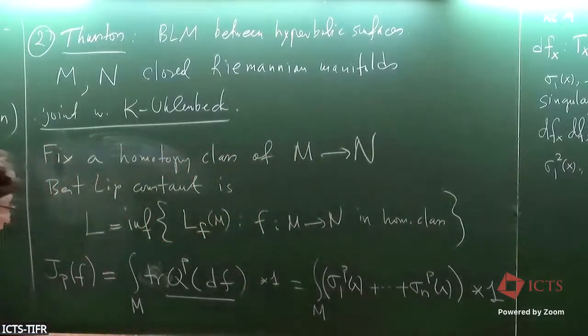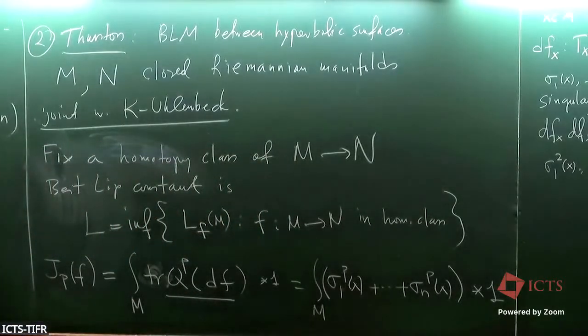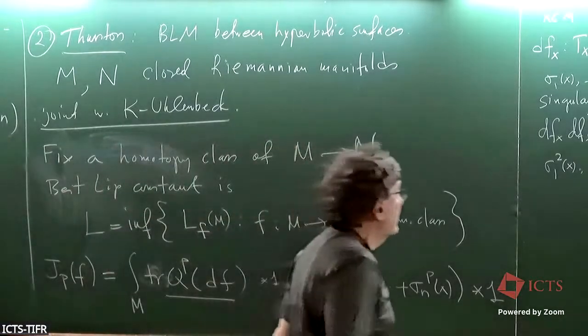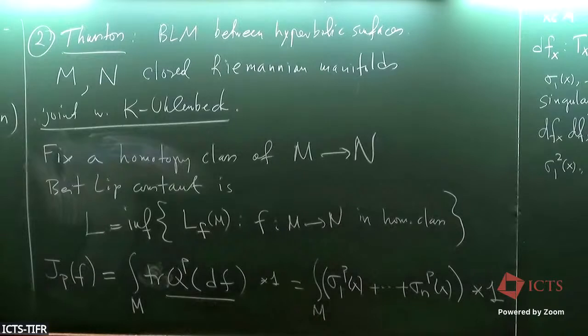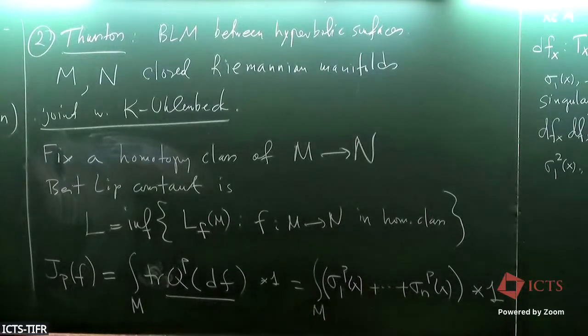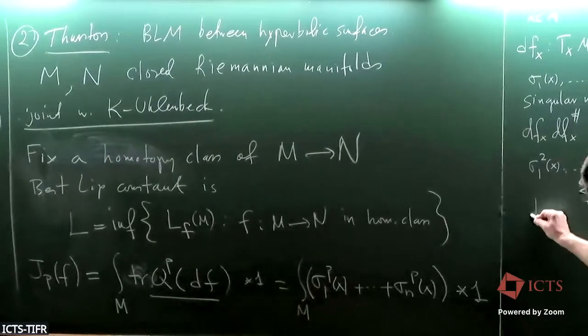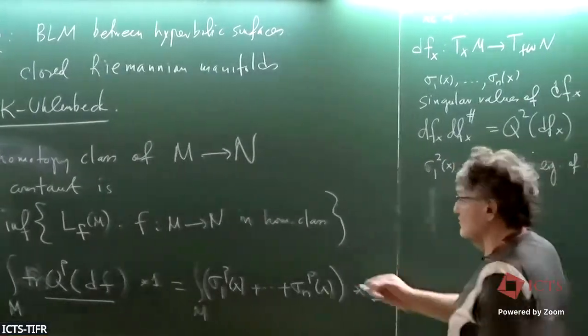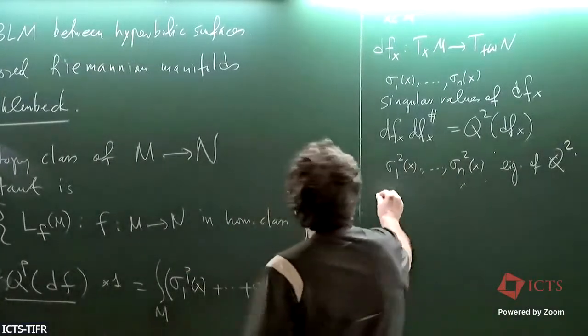Now, you could take it to the 1 over pth power, but anyway, this is the functional. Now I'll give you a heuristic reason why this J_p of x, so you could write down the Euler-Lagrange equations of this.